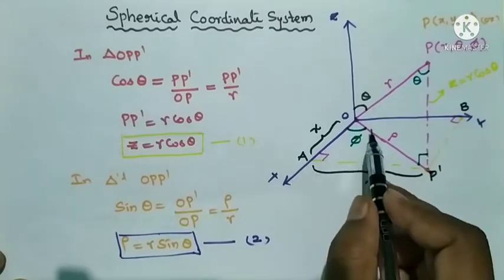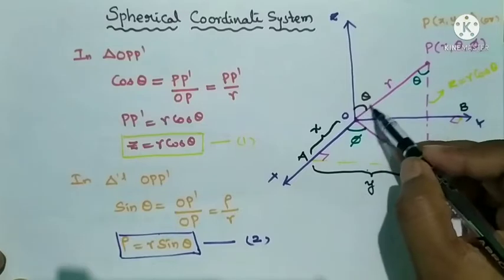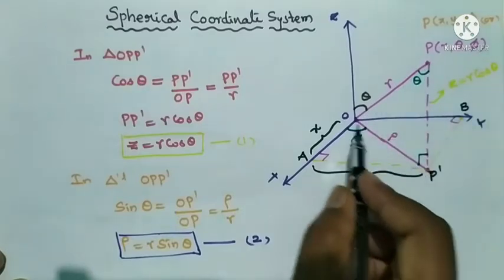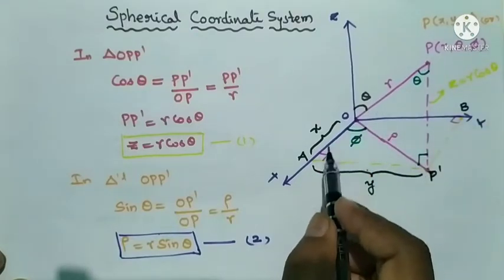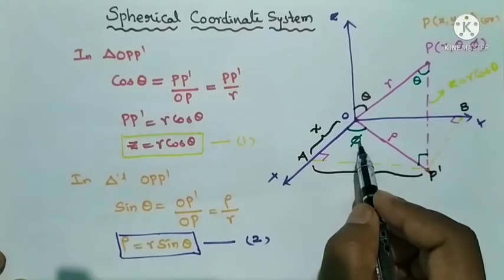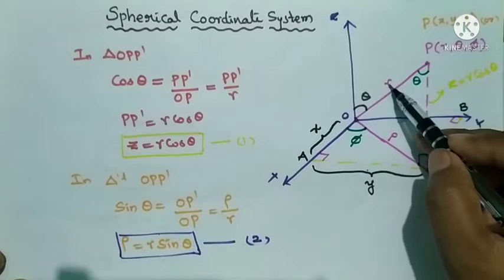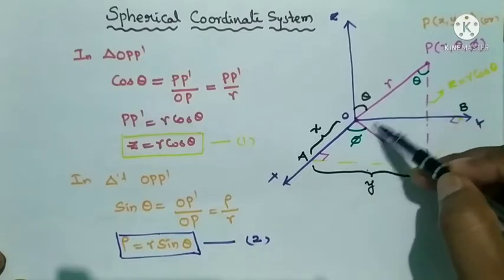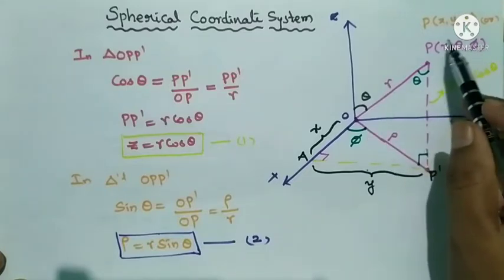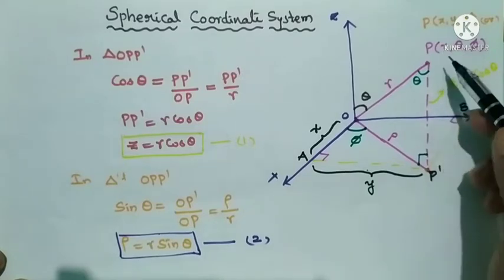So the angle made by the projection of this vector OP on xy plane with the x-axis is called phi. So these three, r, theta and phi, are called the spherical coordinates of the point.